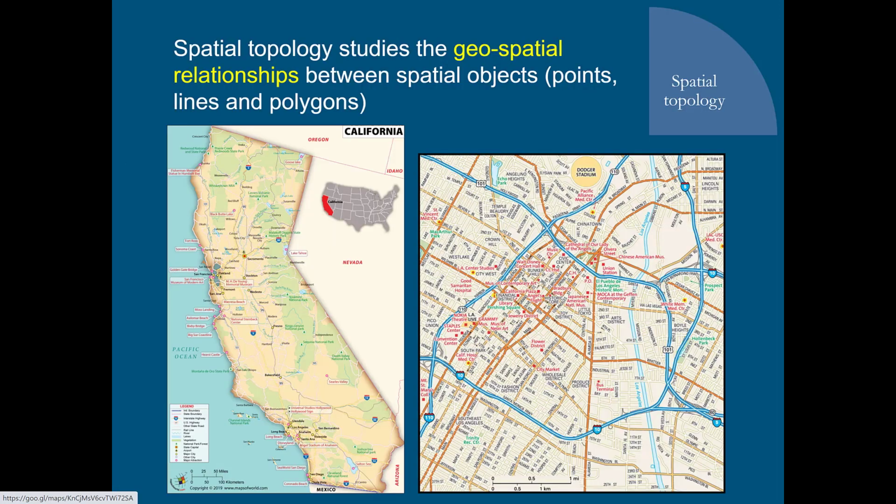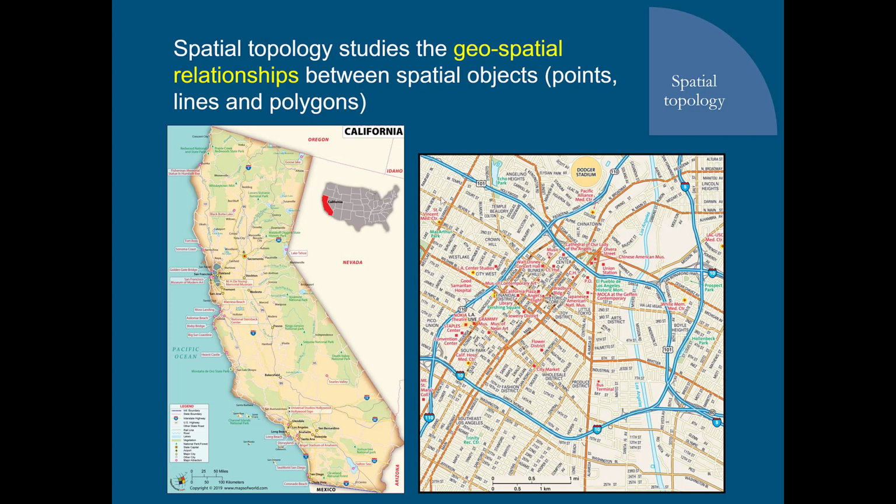Okay, so spatial topology studies the geospatial relationships between geospatial features or objects, for example, points, lines, and polygons. You can say, well, California is to the west of Nevada. It's along the west coast of the United States. So in these sentences you describe location information.